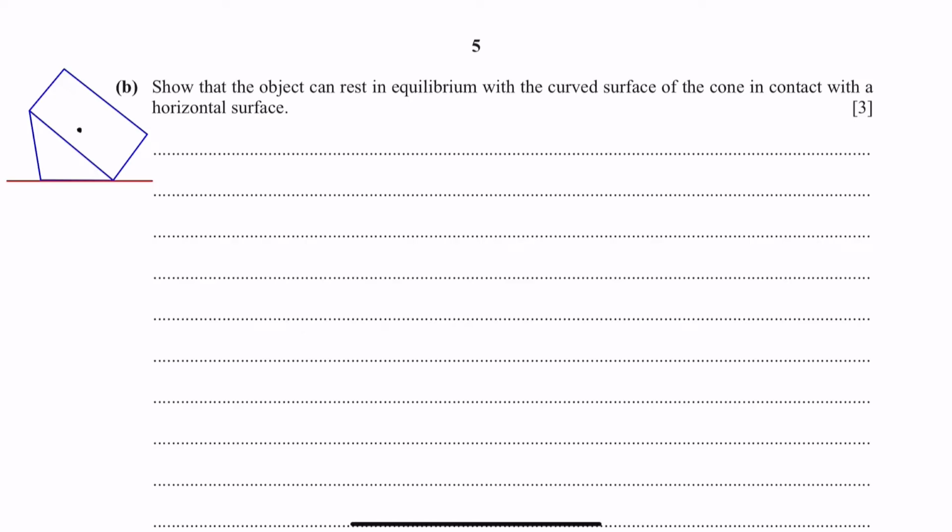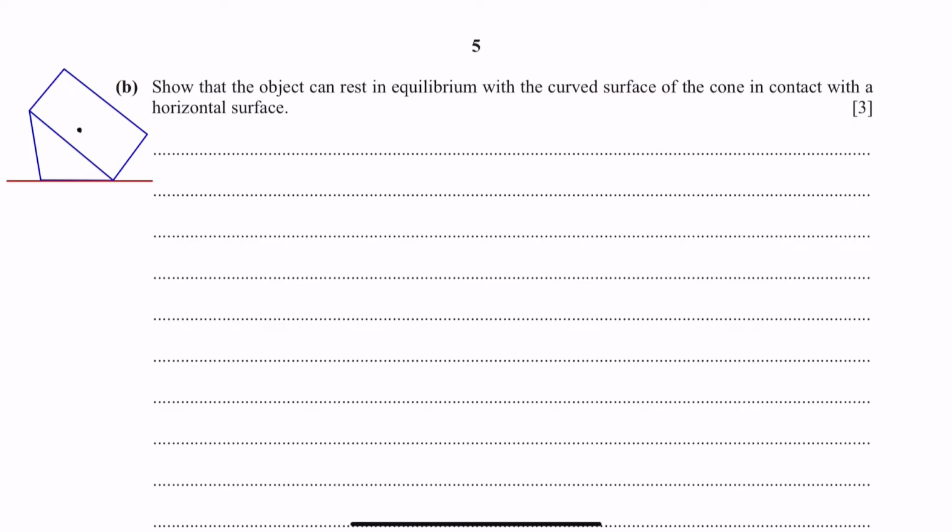And now we need to prove that it can rest like this. So what we do is, we just have to prove that the COM is still within this curved surface. As long as it's not somewhere that is past this line, then we are good to go.